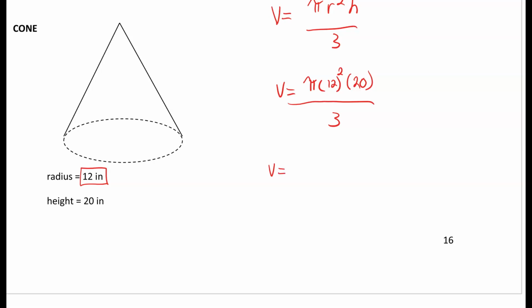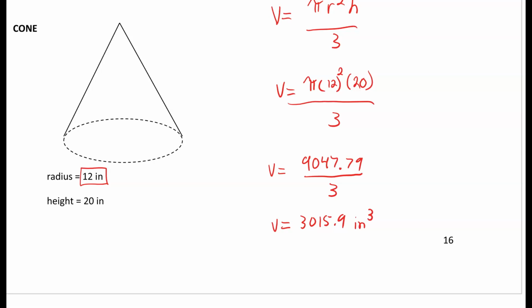So volume equals pi times 12 squared times 20, so 9,047.79 divided by 3. Our volume is going to equal 3,015.9, and it's going to be inches cubed.